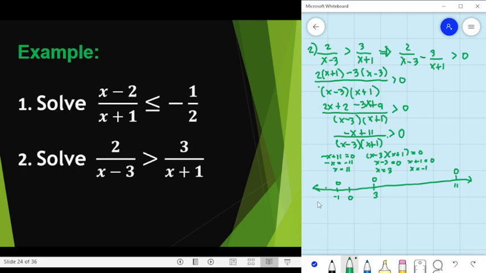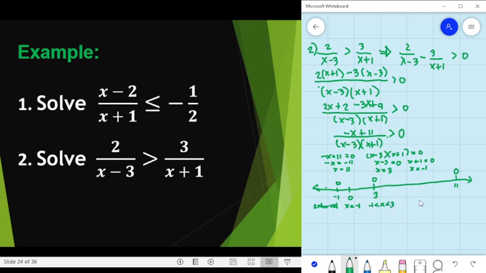Okay, so in our table, let us make the intervals. It is long, so let us make space. Intervals. One is this part. Which part? So, x is less than negative 1. This part, x is between negative 1 and 3.